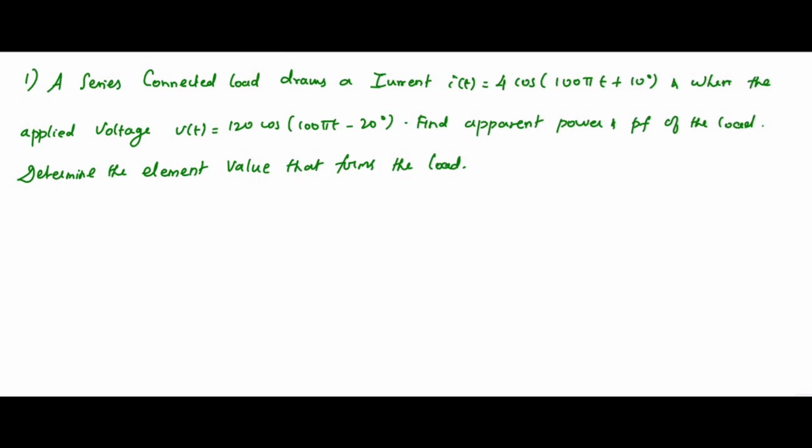So we know that p of t is equal to v of t into i of t, right? So I can write it as 4 cos(100 pi t plus 10) into 120 cos(100 pi t minus 20 degree).